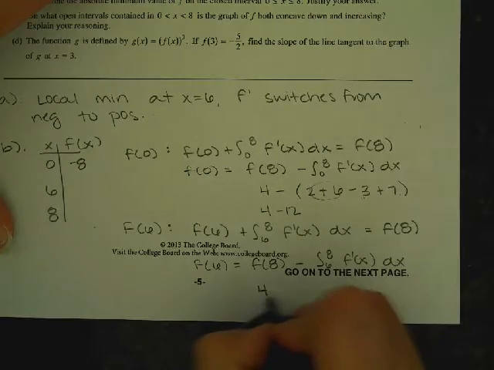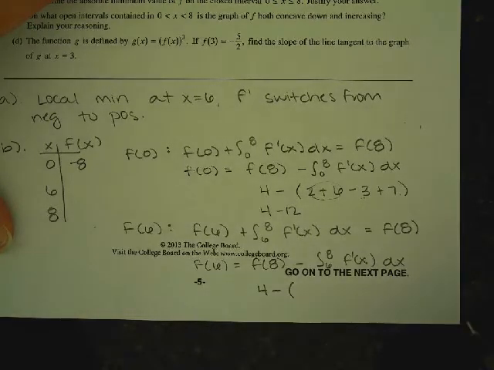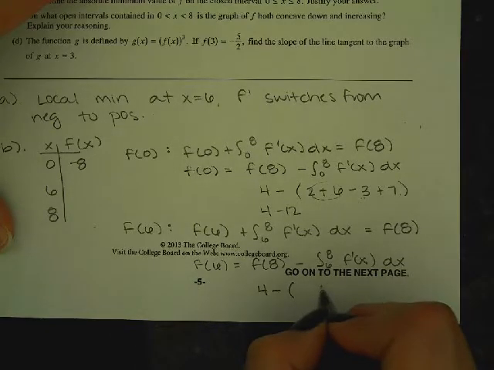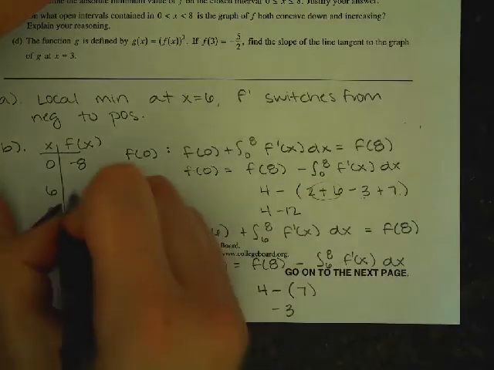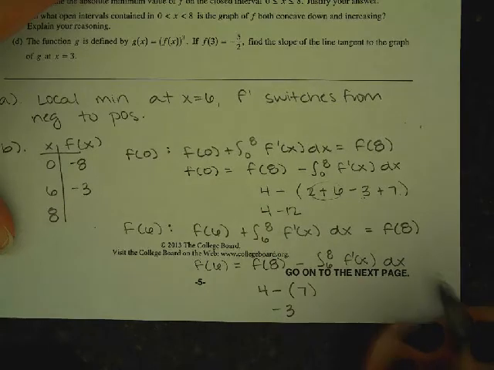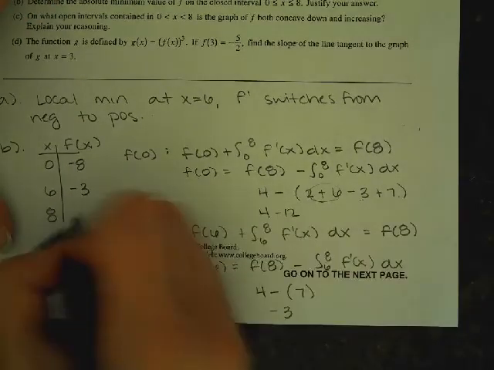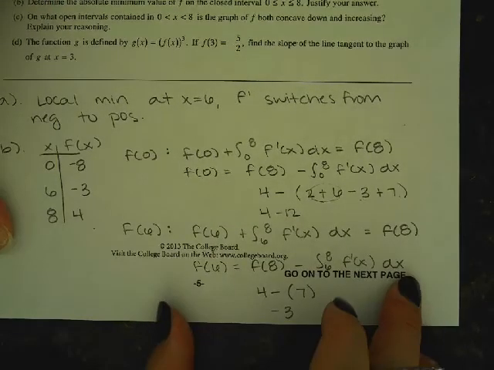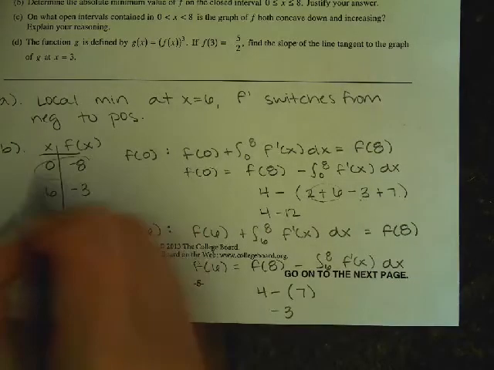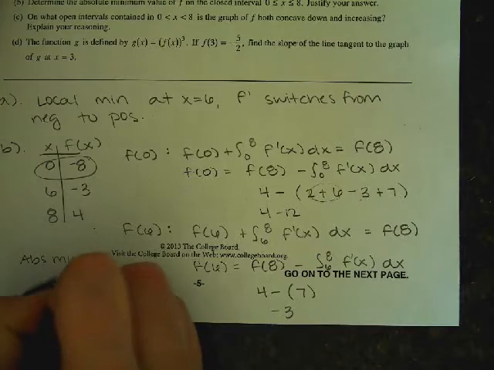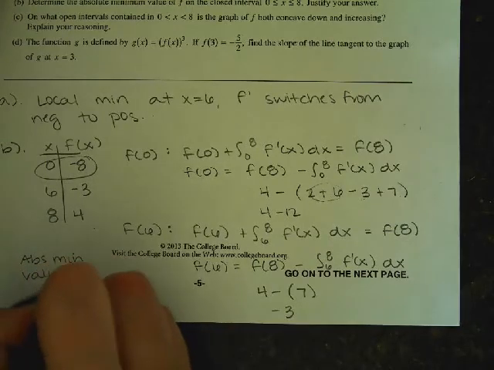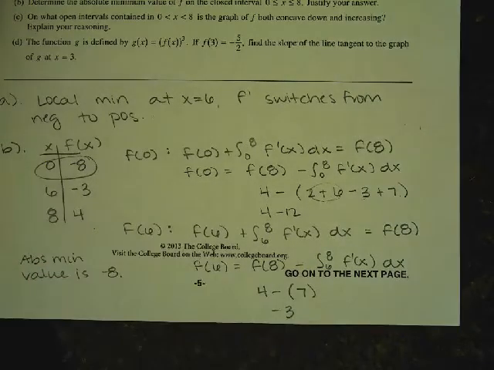So that's 4, and I'm subtracting off the area from 6 to 8, which is an area of 7. And 4 minus 7 is negative 3. And then from the given information, I already know that f of 8 equals 4. All right, so my absolute minimum value is negative 8.